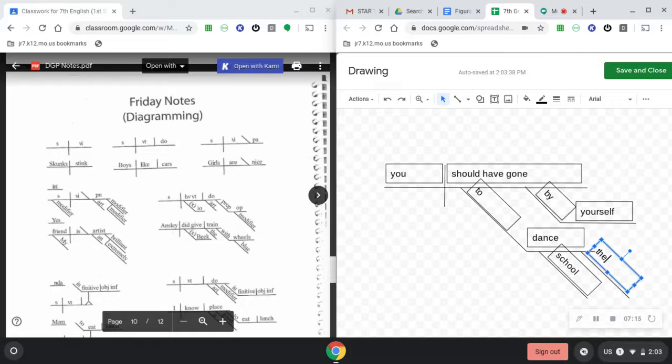It makes it specific to what we're talking about. You're not just saying you should have gone to school dance. One, it sounds like maybe there was some kind of dance that you do for your school, but if you say to the school dance, we now know that you're talking about the dance that occurred at school, right? We're saying that in three words instead of saying you should have gone to the dance that occurred at school. Okay, so it makes it specific and it makes it easier.